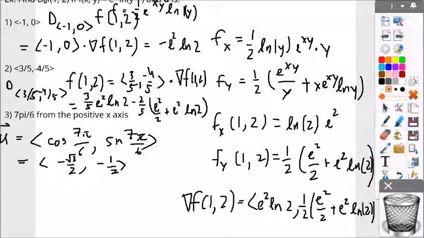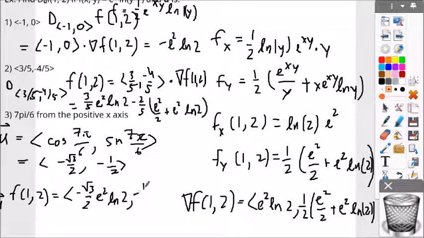So what do you get? You will get the directional derivative at u, I'm just going to write u, of f at 1, 2 is equal to negative root 3 over 2 times e squared natural log 2, comma, negative 1 over 4, because 1/2 times 1/2, times e squared over 2 plus e squared natural log 2.